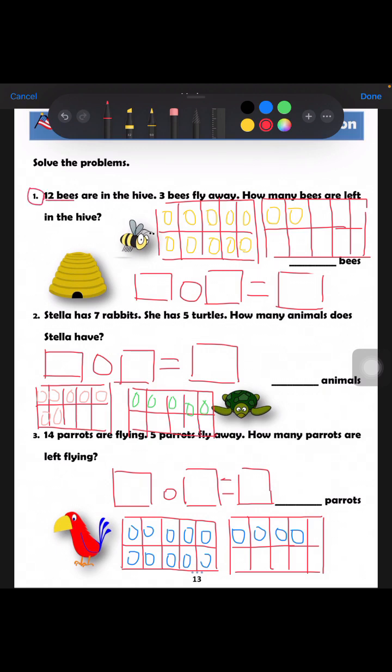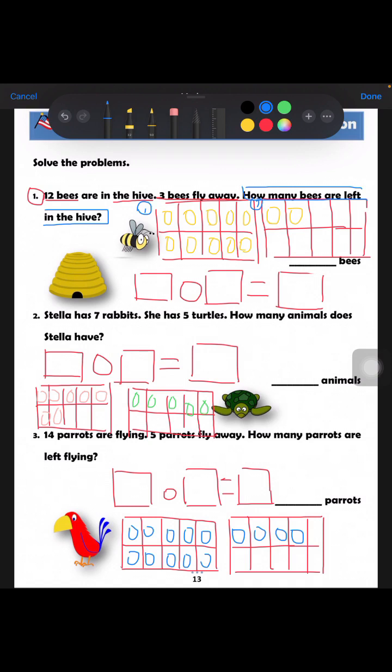12 bees are in the hive, and then 3 bees fly away. We need to find how many bees are left in the hive. Now here I draw 2 10 frame sets.